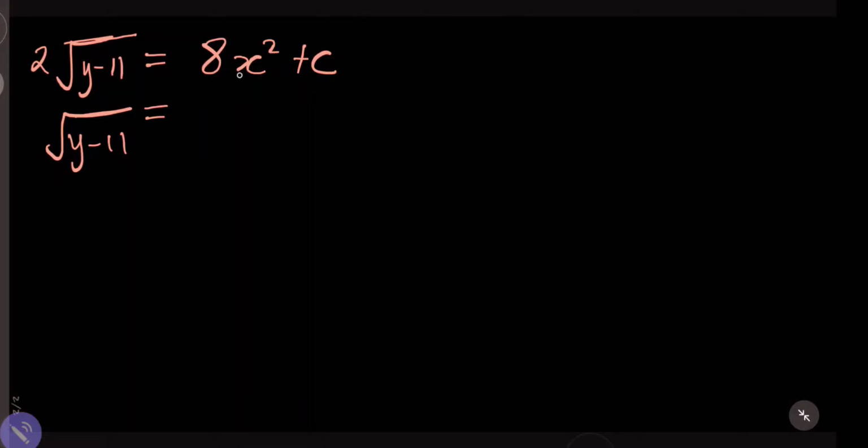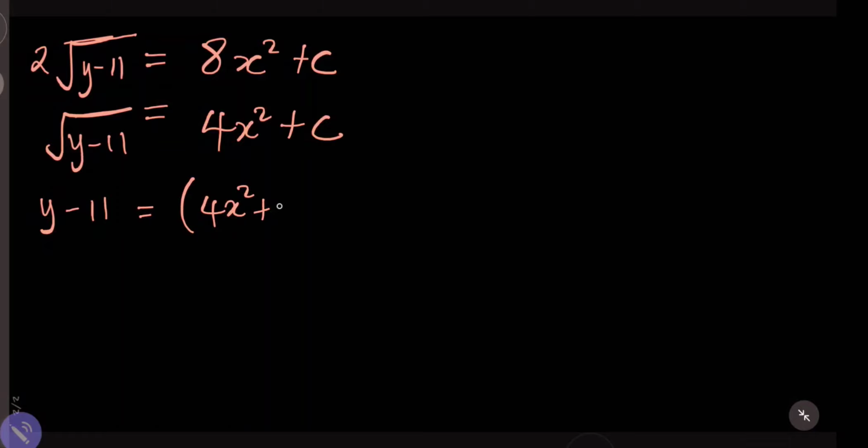So I have this expression divided by 2, that would be 4x squared plus c over 2, but c over 2 is still a constant, so we can leave it as c. To take away the root, I'm going to square both sides. So for this part I would have y minus 11, and for this part I would have 4x squared plus c raised to power 2.